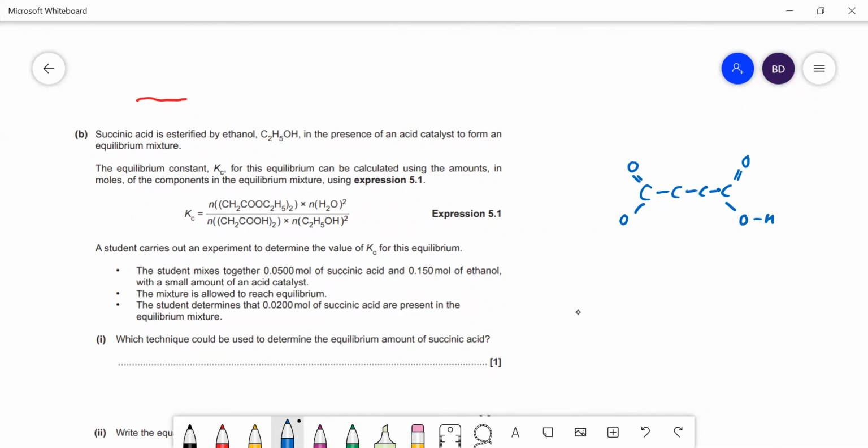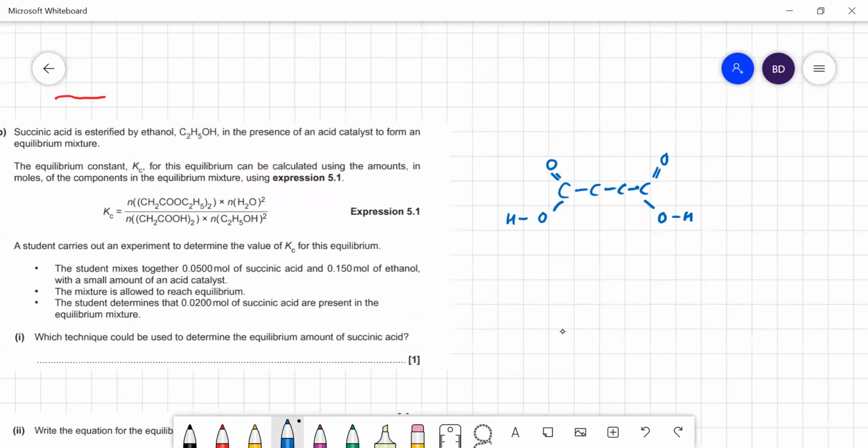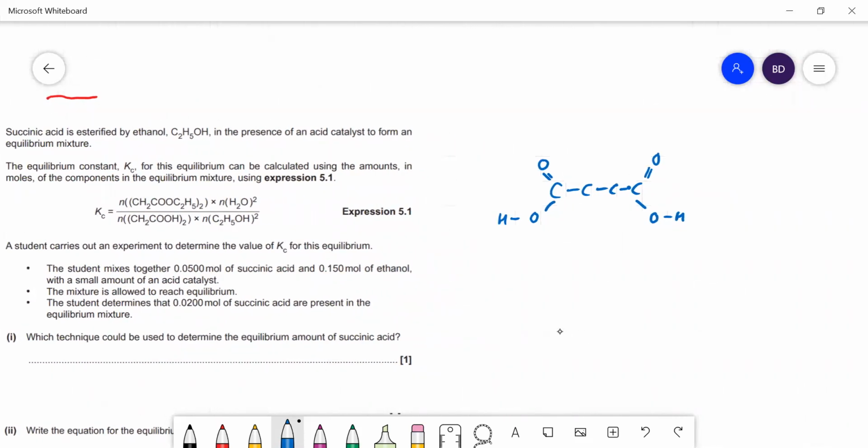And you're going to esterify it on each end with ethanol. So if I just draw ethanol at that end, in red, just do C2H5 there, and the same at this end.